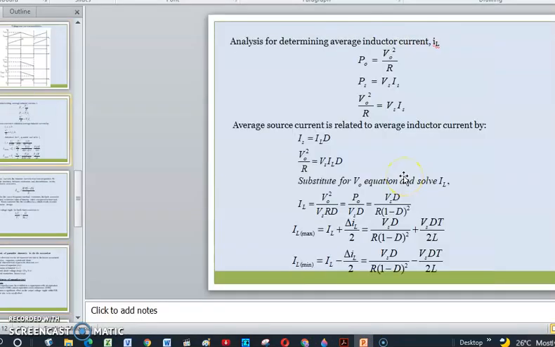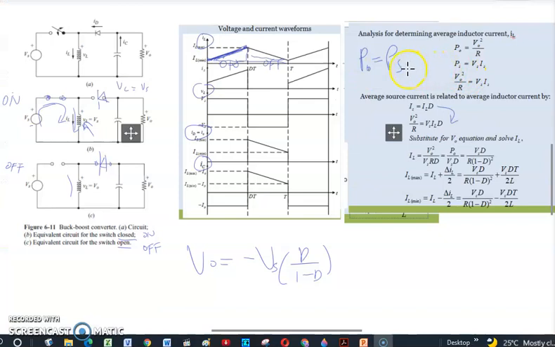This analysis is for the average inductor current, with the assumption that all the delivered power is consumed by the load. So output power equals V out squared over R. P equals V squared over R. This is the power equation.